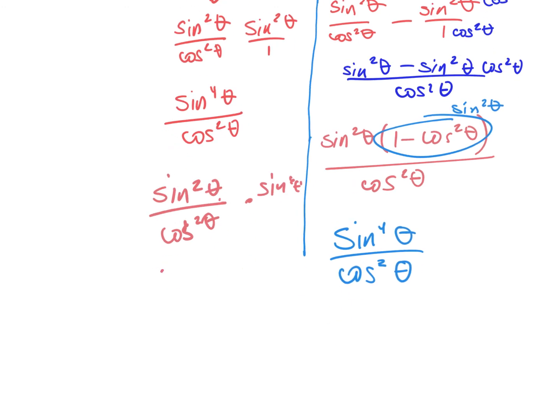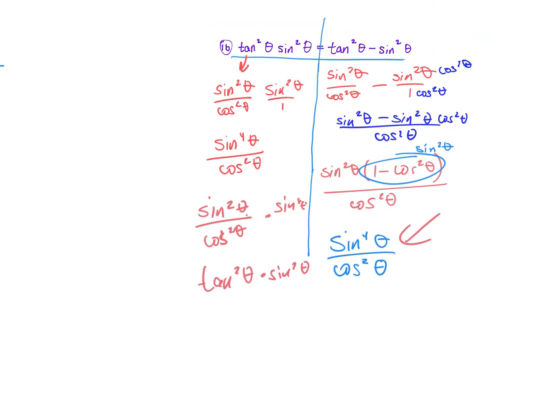Which then becomes tangent squared theta times sine squared theta. And then you would do the exact same thing with this side, right? For your verification statement, I want the left-hand side to equal the right-hand side with something you began with. That should be very easy to do once you go through and see, oh, look, I made them the same. Now I can just go backwards. Does that make sense? Okay.